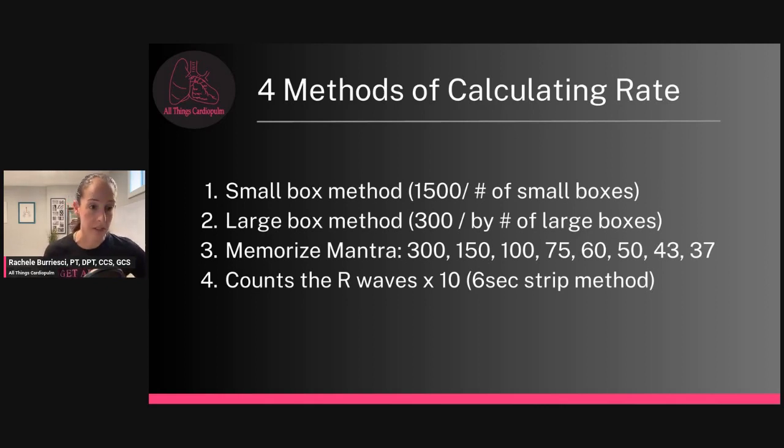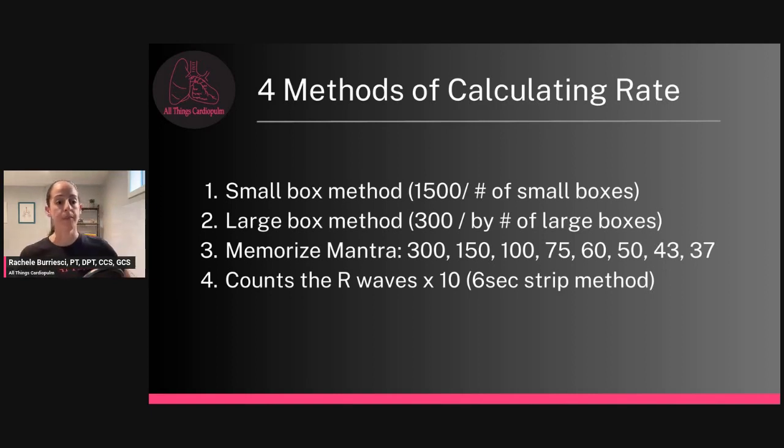So if you're a student and you're studying for the NPTE, let's do it again. 300, 150, 100, 75, 60, 50, 43, 37. You're going to memorize that mantra. This is the most quick and dirty technique, but you have to have a regular rhythm to do it.